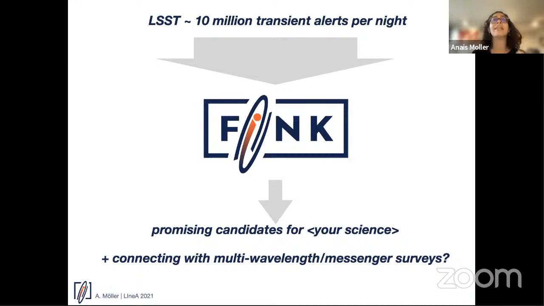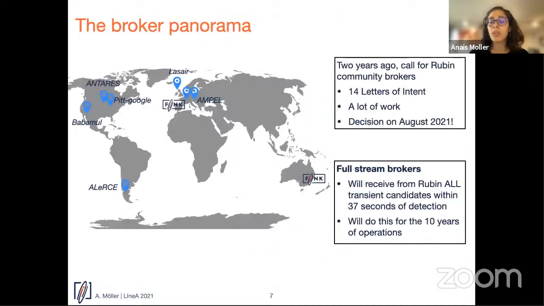Fink is a broker designed specifically to do this. Now, the origins of Fink, and you have been hearing a lot about brokers from the seminar series, but the idea with the brokers was 2 years ago, in 2019, Rubin made a call for community brokers. And 14 letters of intent were sent, including one from Fink.